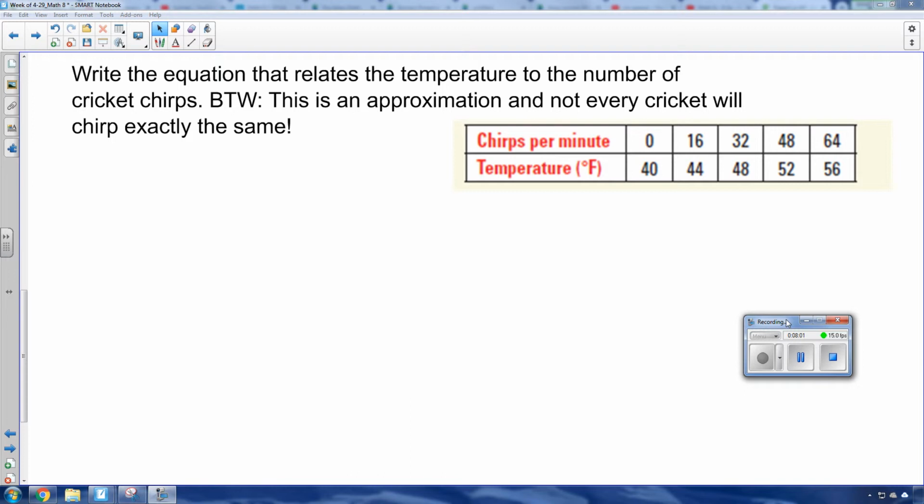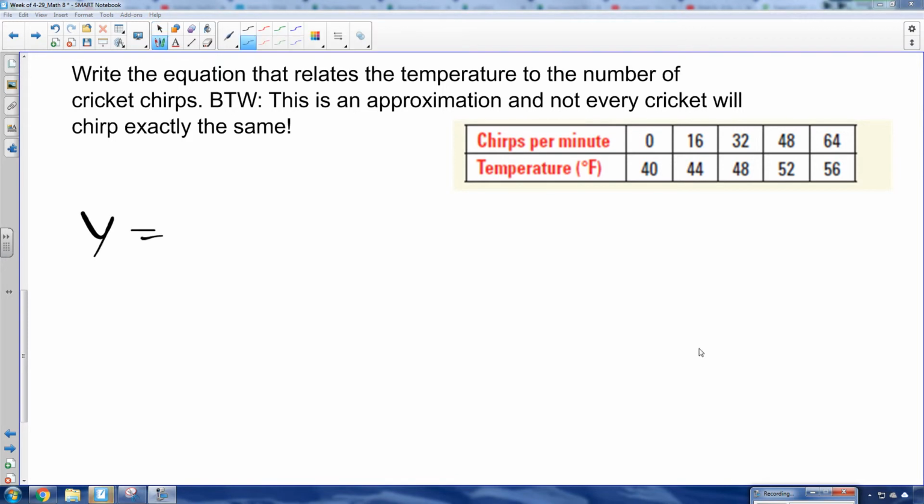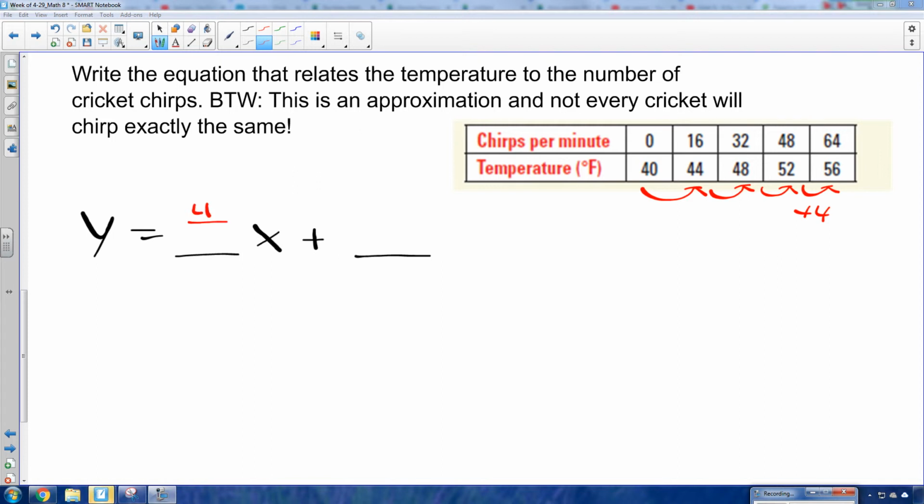If you're not quite sure how to start, here's a hint. We want this equation, y equals mx plus b, and we want to fill in these two things. We figure out change in y, which seems to go up by the same amount every time, plus 4 each time, over change in x, which is plus 16 every time. 4 over 16 is 1/4.